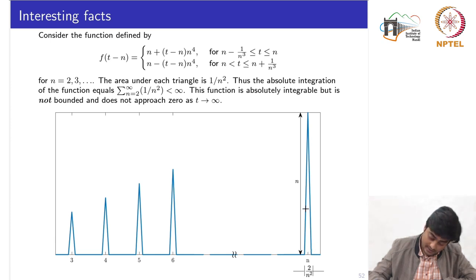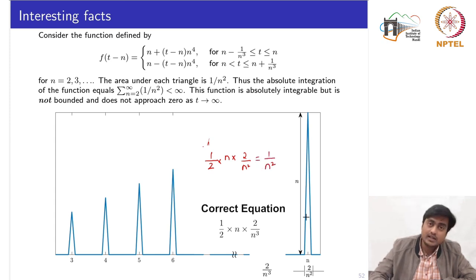You would notice that the area under every triangle is 1 by n square. For the nth triangle, it is half the height n times the base, which is 2 by n square, which comes to 1 by n square. So the area of every triangle is 1 by n square.